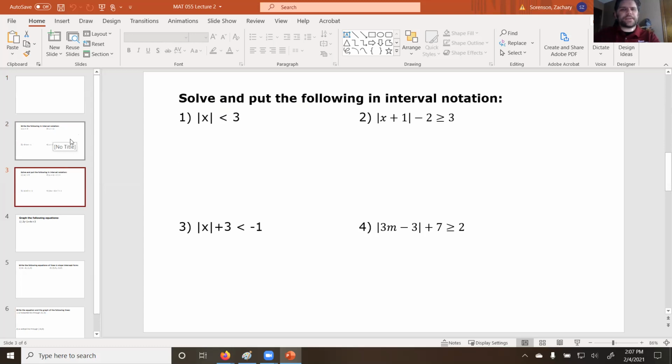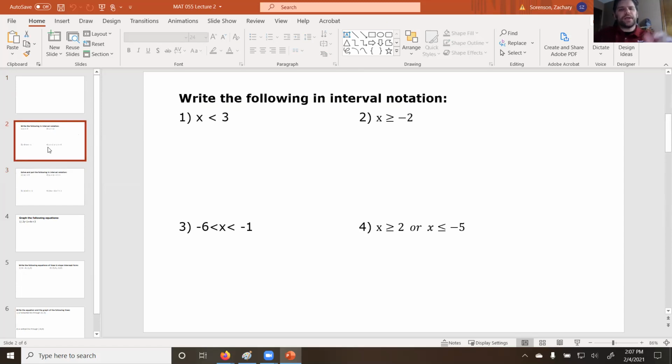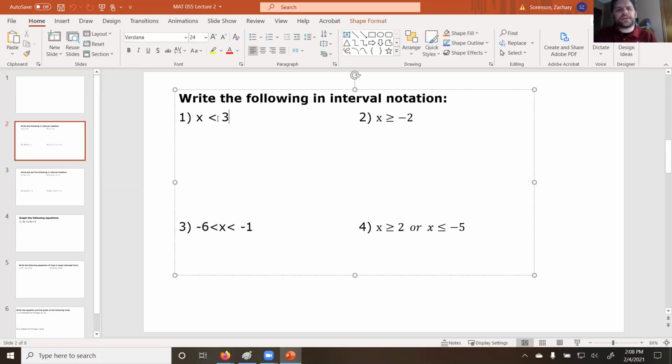But before we get into that, because this question tells us when we want to solve and also put it in interval notation, well, the question becomes, what is interval notation? We use interval notation as a way to kind of describe inequalities. And it seems a little bit silly to use this brand new notation and learn it when, yeah, it's not that hard to say x is less than 3. That's actually a pretty nice way to write it. I might say better than interval notation.